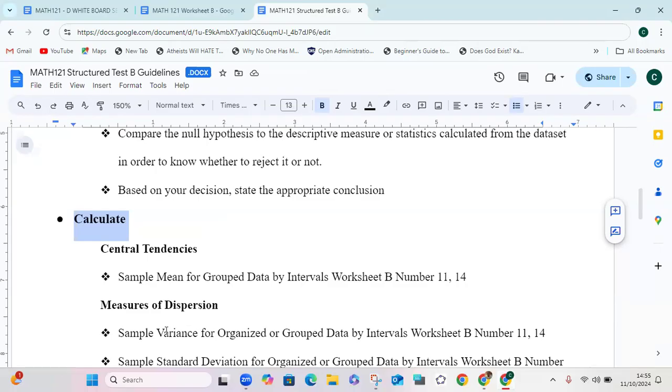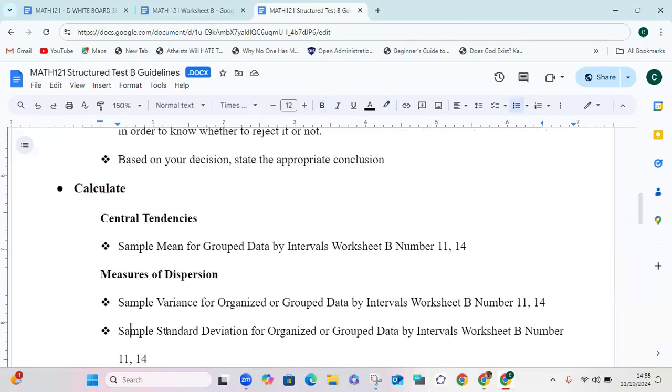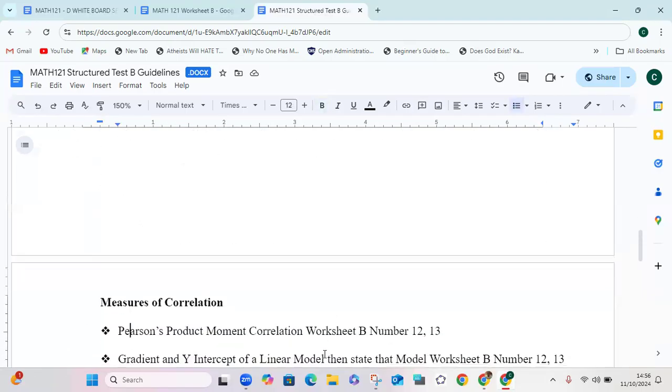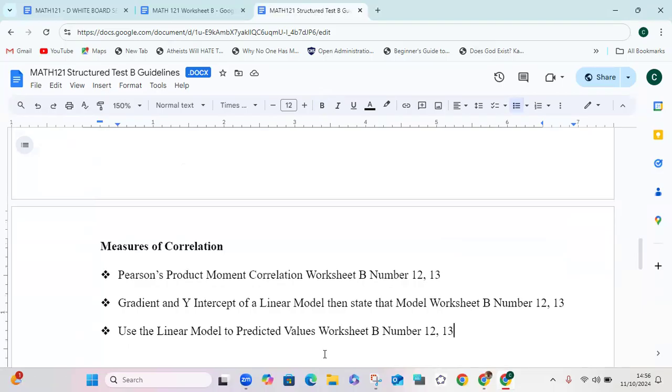You need to know to calculate measures of dispersion. There are several measures of dispersion, but for this evaluation, you'll be tested only on the sample variance and the sample standard deviation. And to practice that, you go to worksheet B, number 11 and 14. And you will need to learn how to calculate measures of correlation. There are two of them, Spearman's and Pearson's.